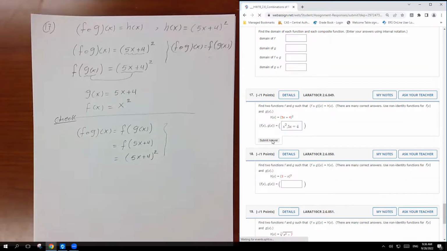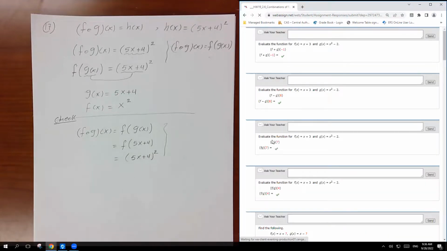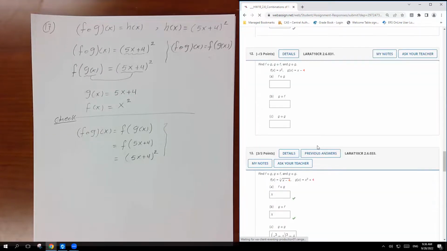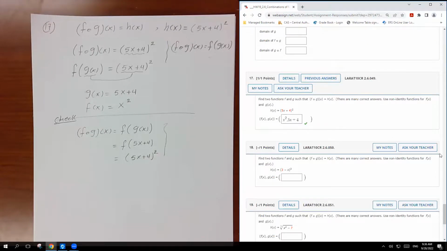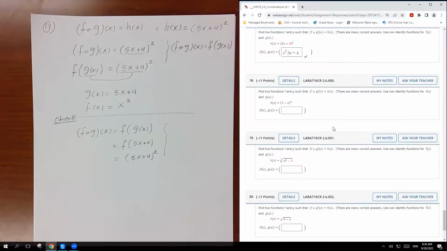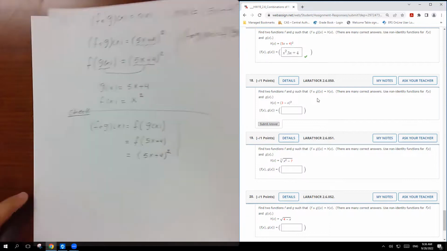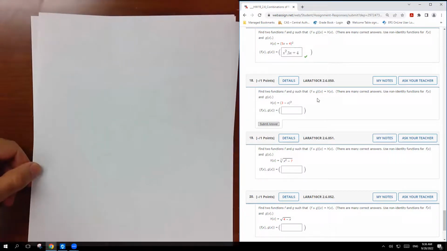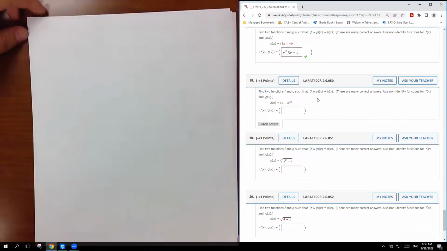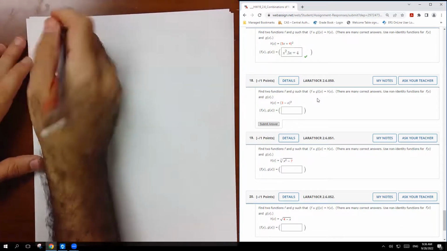We're going to do the same thing with example 18. So the same thing, but now we have a different function. So let's do example 18.